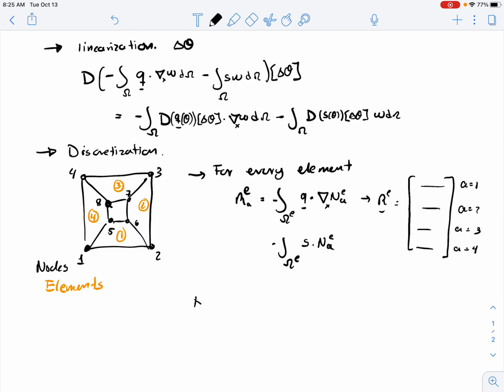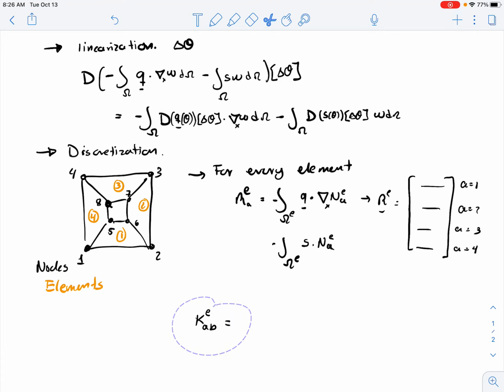And then you also get the entries AB of the tangent, and we've done this one for the specific case of the actual linearization of Q. So this one is still somewhat general. The residual is somewhat general.